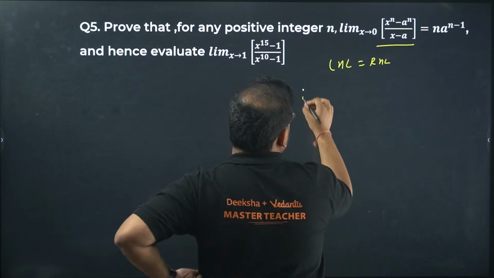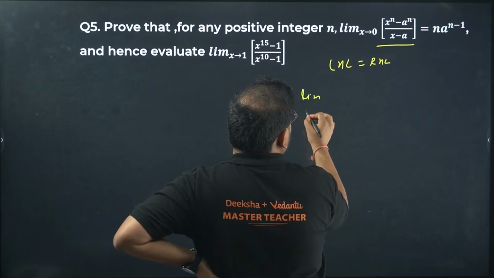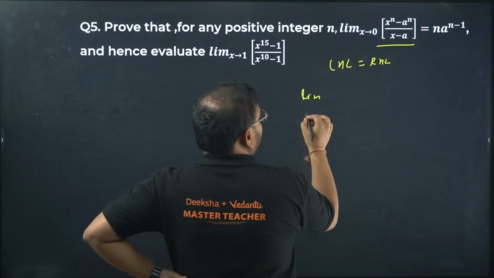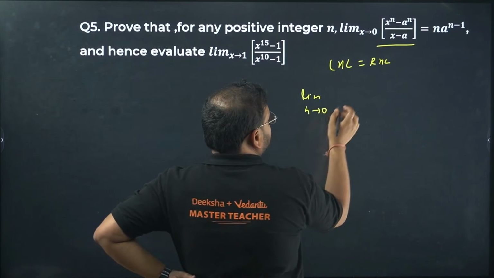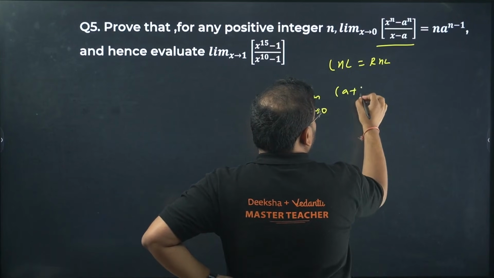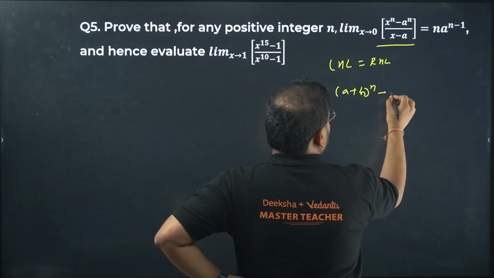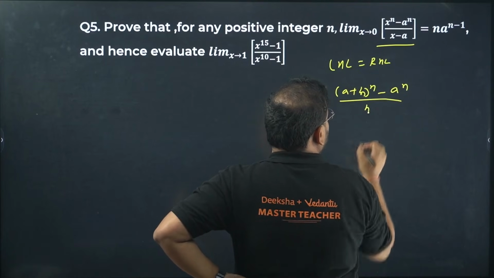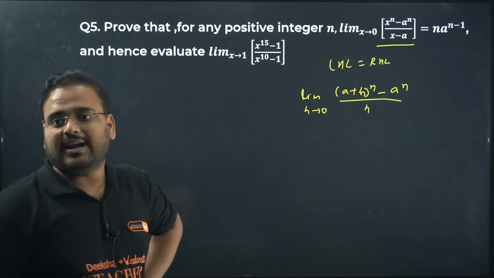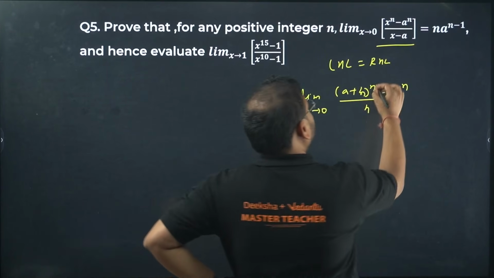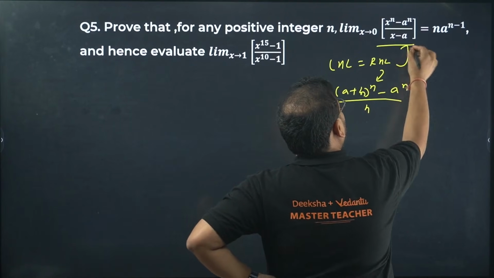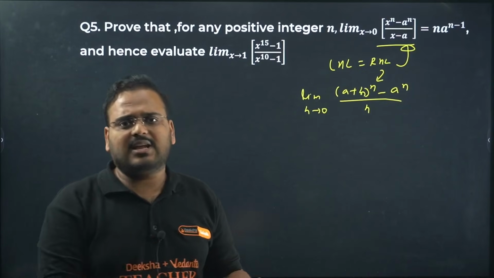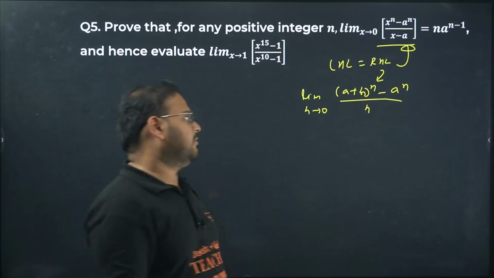Of course we can do that, sir. So limit of, when you write x tends to 0 plus, this will become h tends to 0, and I'll have over here (a plus h) power n minus a power n divided by h. Correct? This is going to be RHL, and this will be equal to this limit, because when the limit exists, the LHL and RHL are both equal to the limit value.